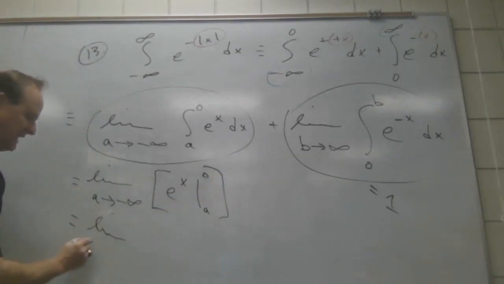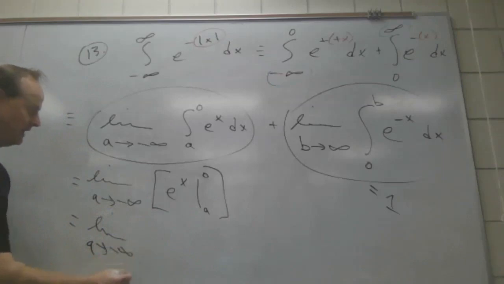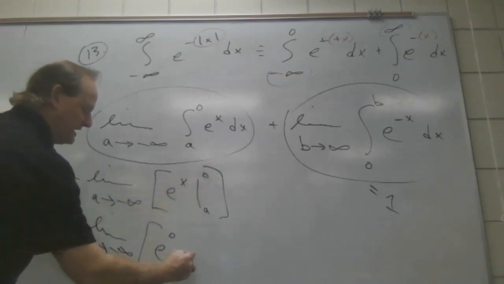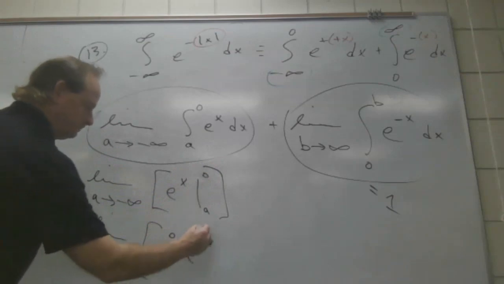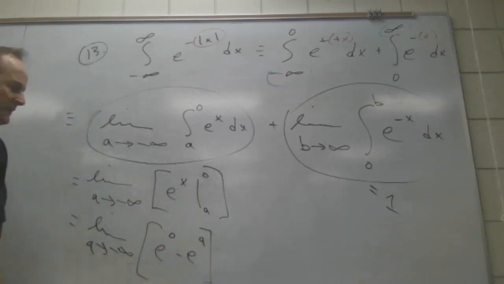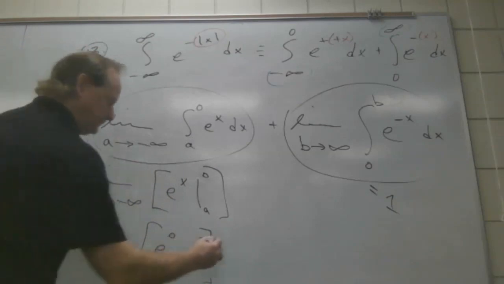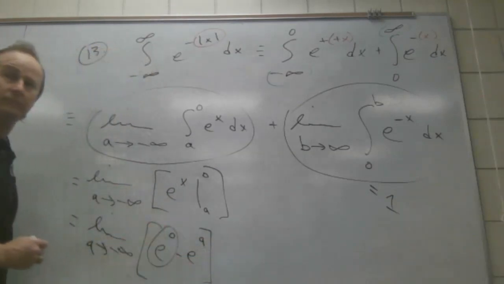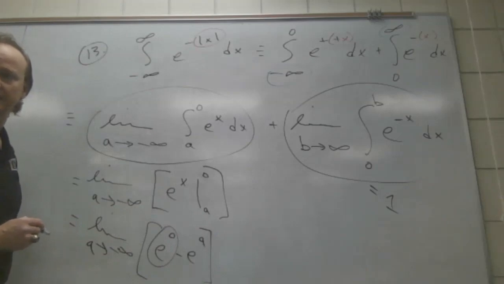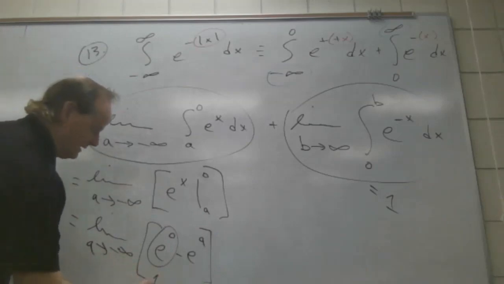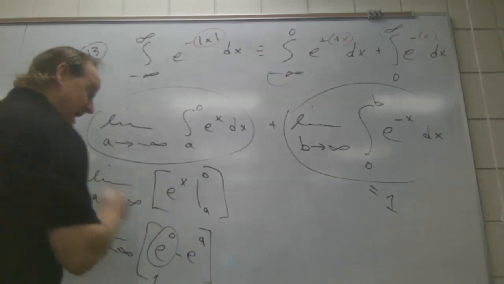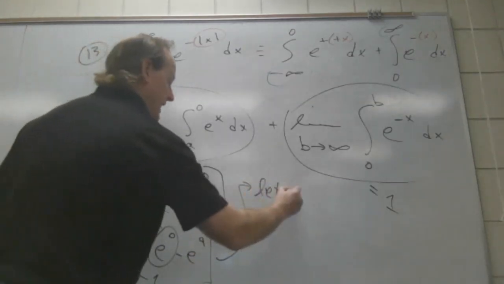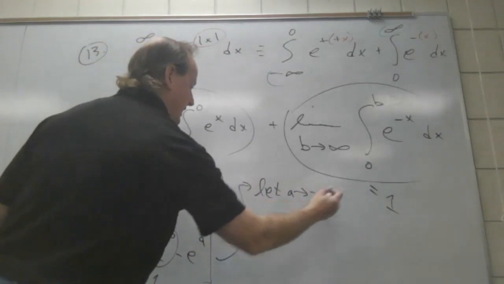So this is the limit as a goes to negative infinity of e to the 0 minus e to the a. Well, what's e to the 0? 1. And then minus e to the a. So now if I let a go to negative infinity, what do I get?